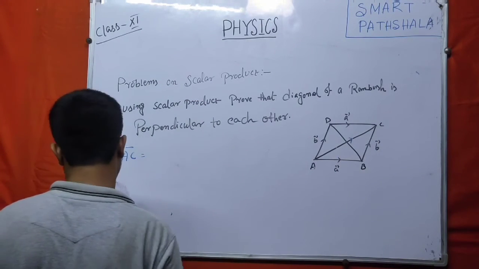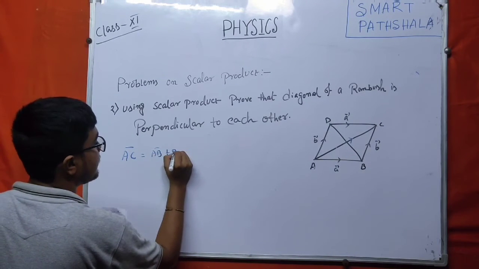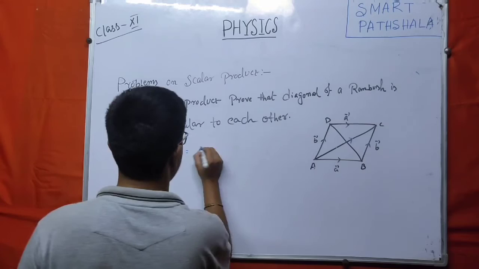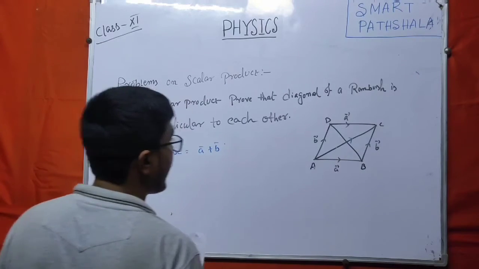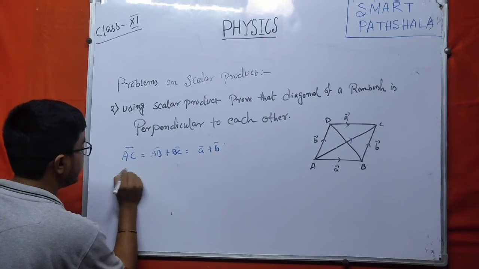So AC is equal to AB vector plus BC vector equal to a vector plus b vector.